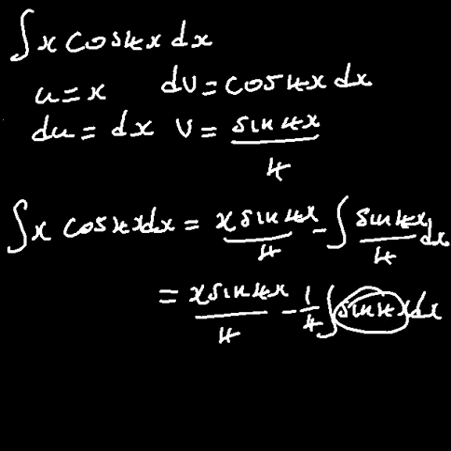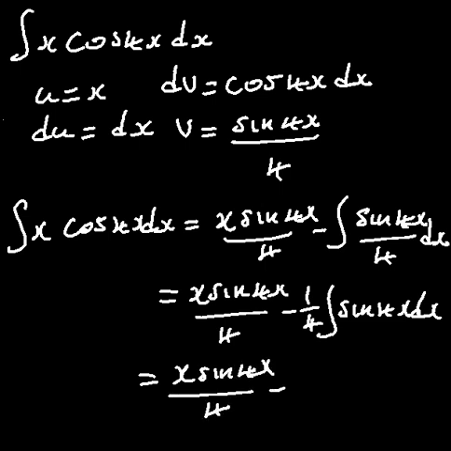Then also apply the same chain rule of integration, the way we have done it here. So we have x sin 4x divided by 4 minus 1 over 4 times the integral of this one, which is the integral of the outer function, negative cos 4x, divided by the derivative of the inner function, which is 4.